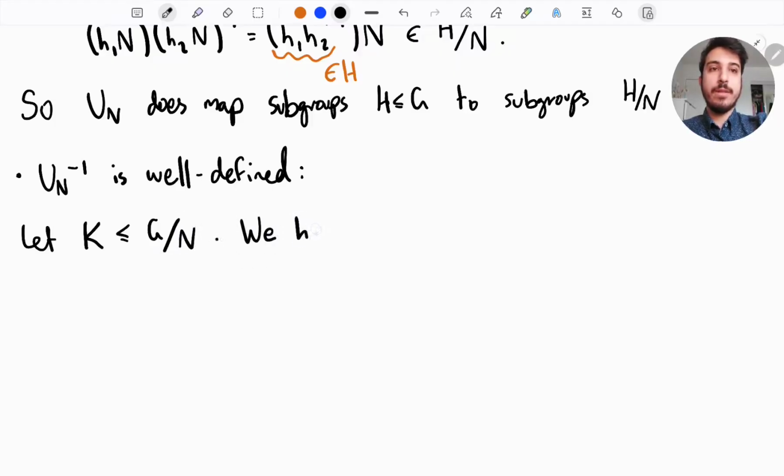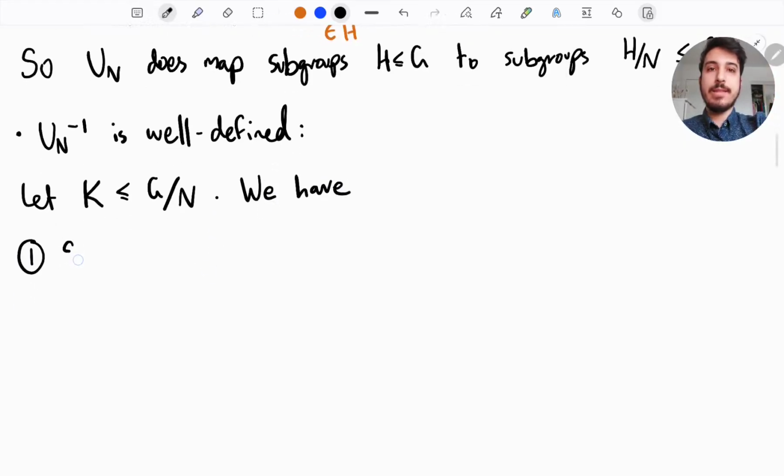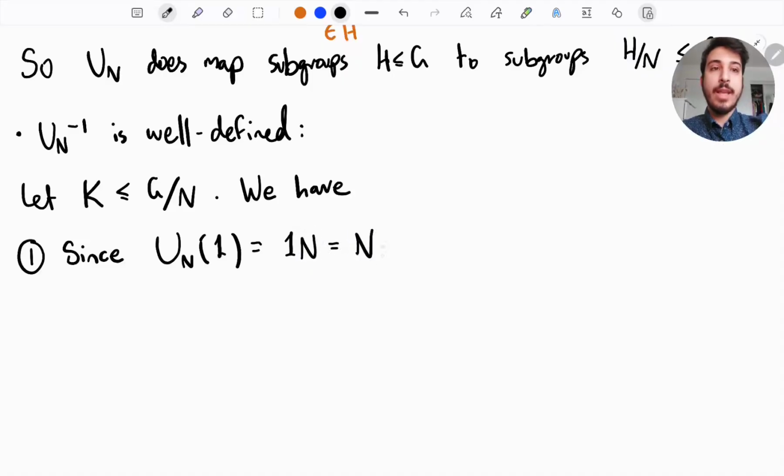We have, first of all, that u_N of the identity is equal to, by definition of u_N, 1N, which is equal to N, and N is an element of K because K is a subgroup of G/N. And what is the identity element of the quotient group? It is exactly N. So N, the identity element, is found in K.